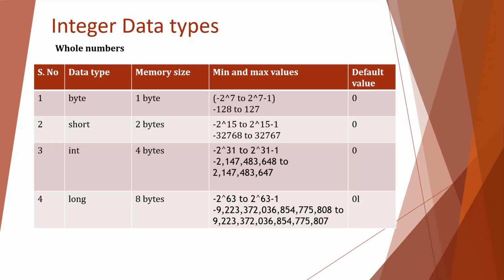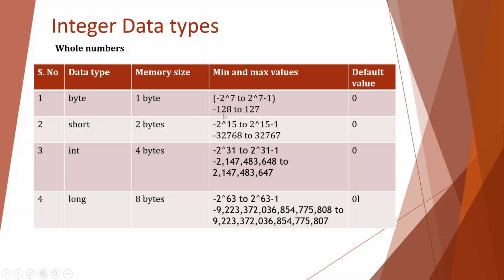The first bit, the most significant bit, holds the sign of that number. 2 to the power of 7 means 128. As we have to store 0 also, it can store 0 to 127. So 128 different positive values can be stored. That is 2 power 7 minus 1, the maximum value.